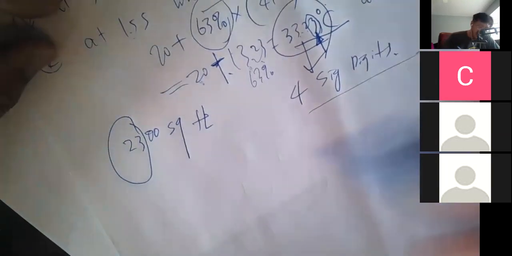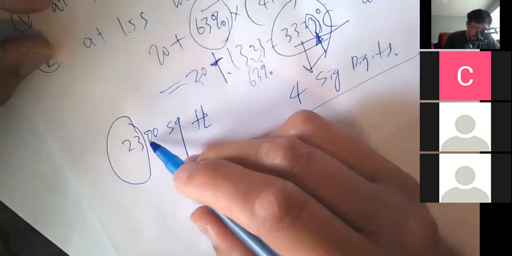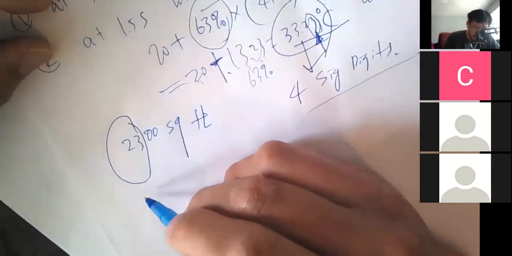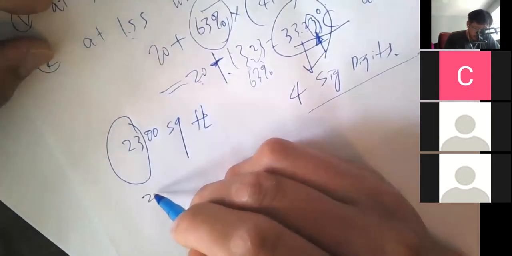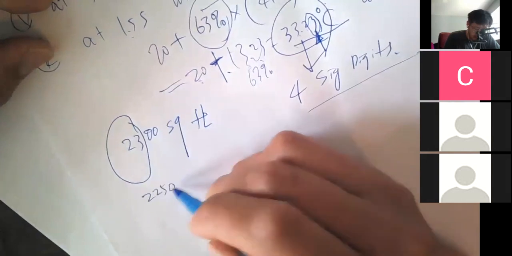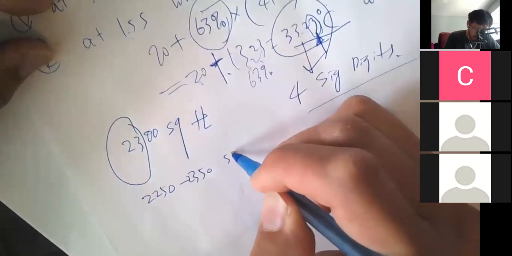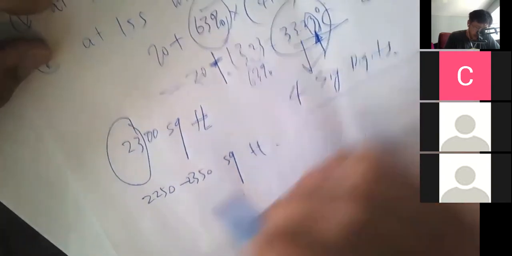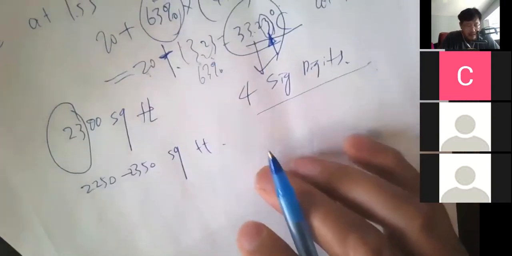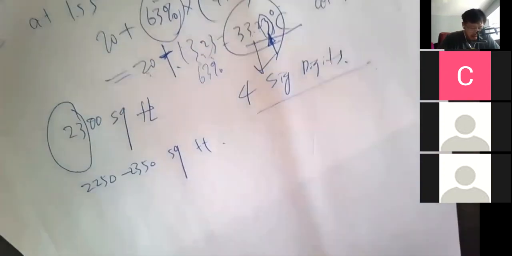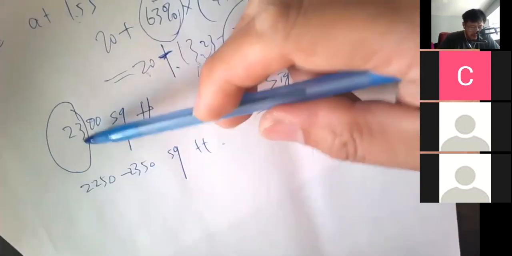So that implies your house is probably somewhere between 2250 and 2350 square feet. Right? That's the accuracy this implies.